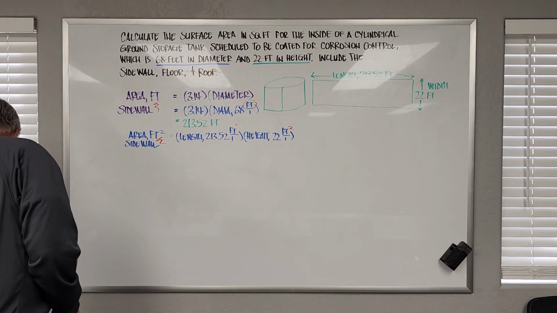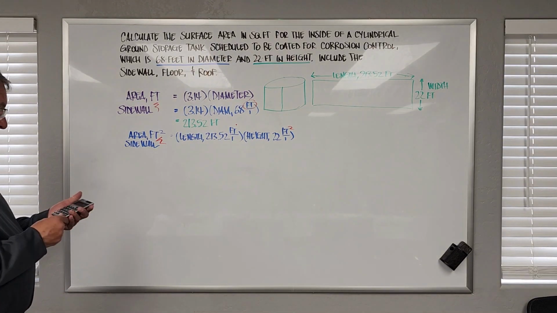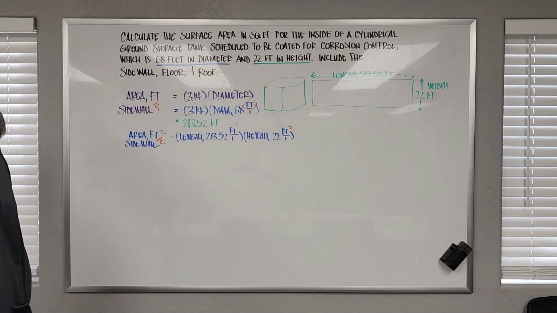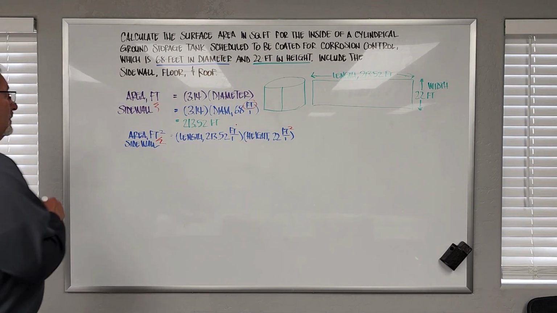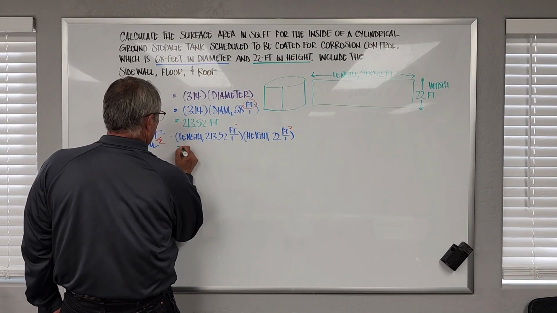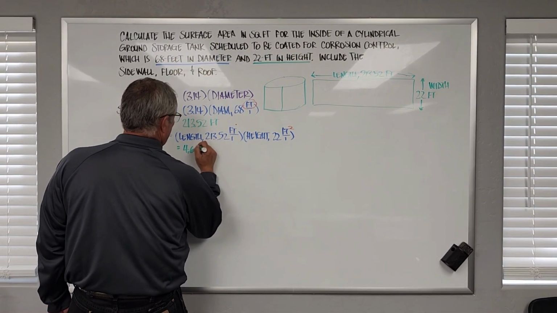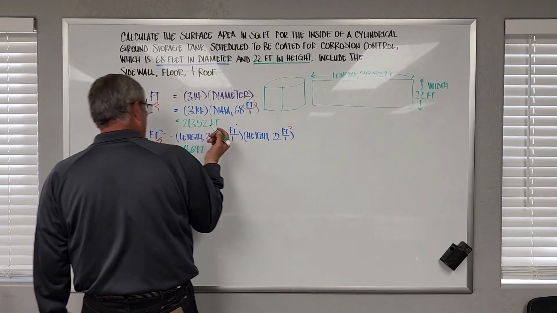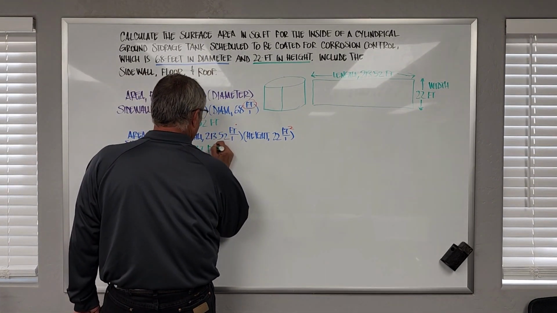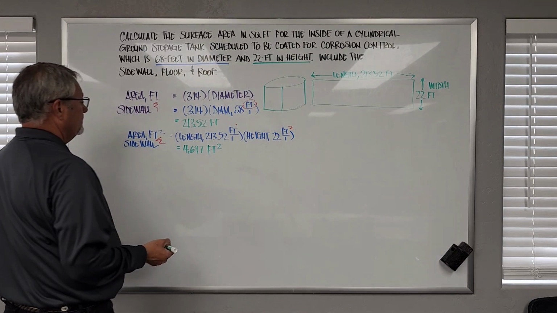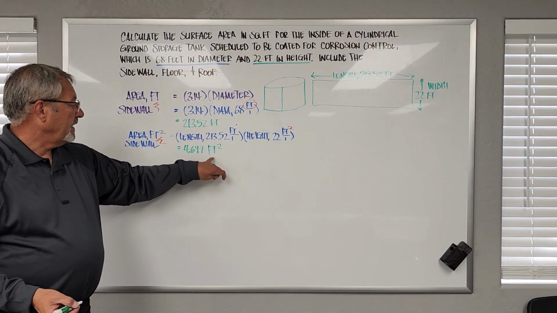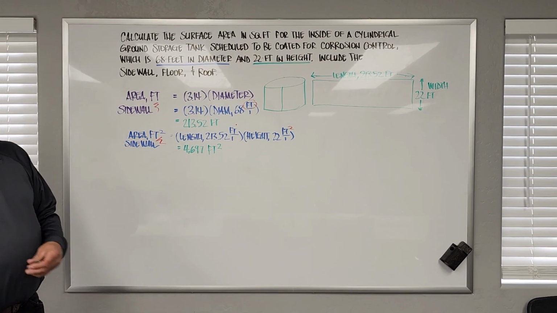So now let's multiply that out. 213.52 times 22 gives me 4,697. And we'll just call it that. Square feet. Feet times feet equals square feet. My answer is going to be in square footage.